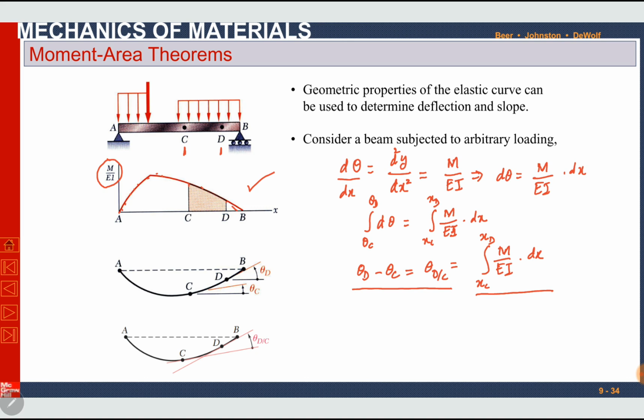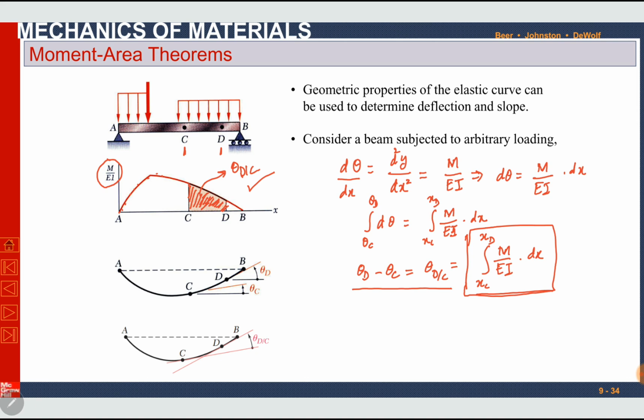The area under the M over EI curve is equal to the change in slope theta DC, between point C and point D.